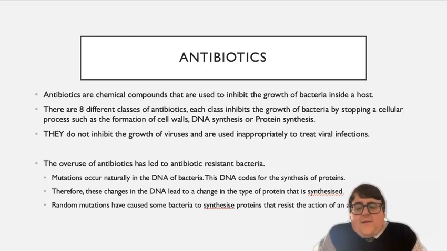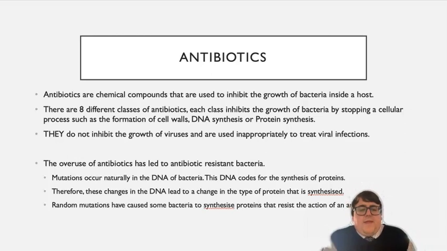If that antibiotic is there without them being sick, the bacteria producing these proteins are not dying because they've made this protein, so natural selection works and those bacteria survive while others don't. And hence we end up with this stronger strain of bacteria because they haven't been killed off by the antibiotics around.